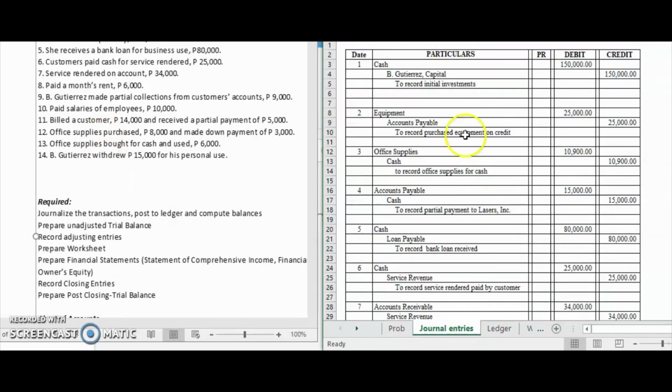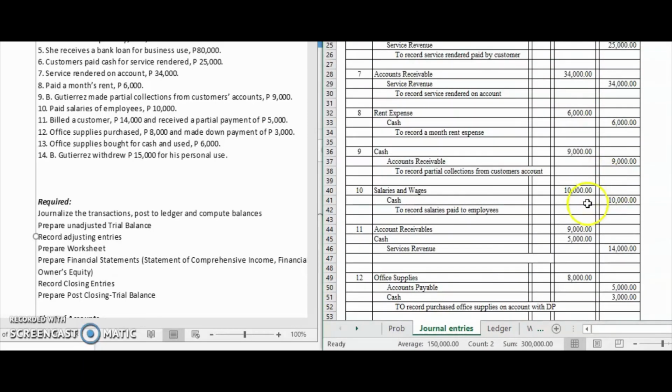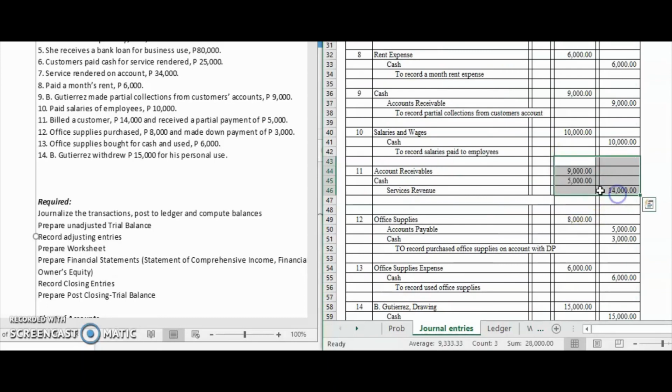As a reminder again, all you have to do pag nagre-record is to identify kung ano ang i-debit, ano ang i-credit, magkano ang amount ng i-debit at i-credit, kaya hindi po siya always pareho. We have an example here. See?